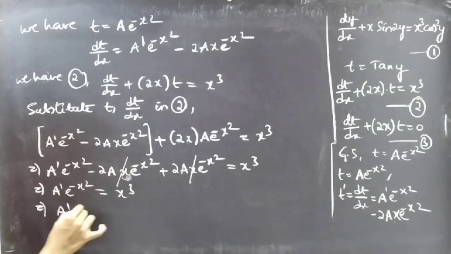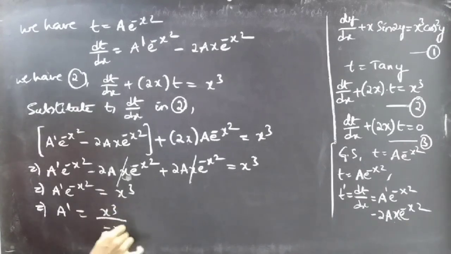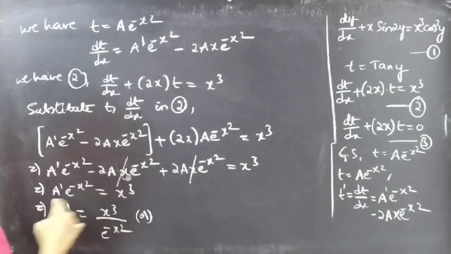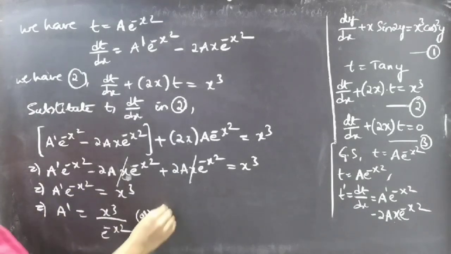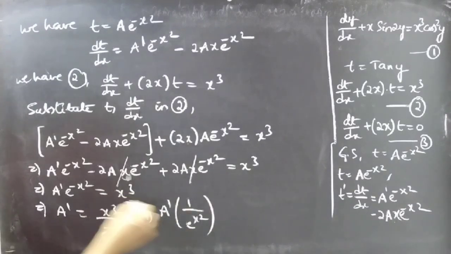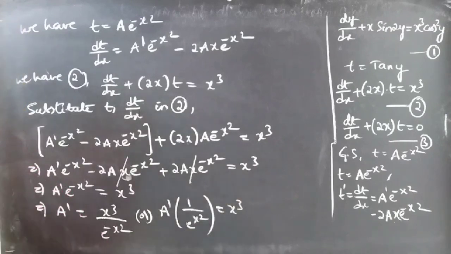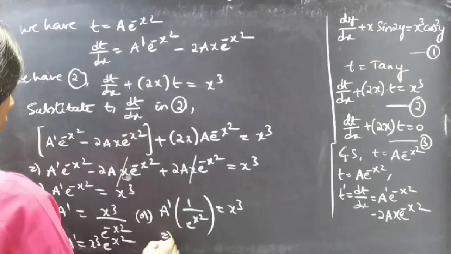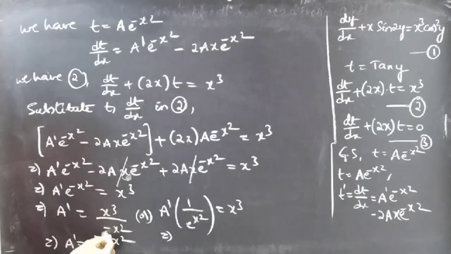From this we'll get a dash equals x cube by e power minus x square, or we can write e power minus x square as 1 by e power x square, right? We can just write e power minus x square as 1 by e power x square.